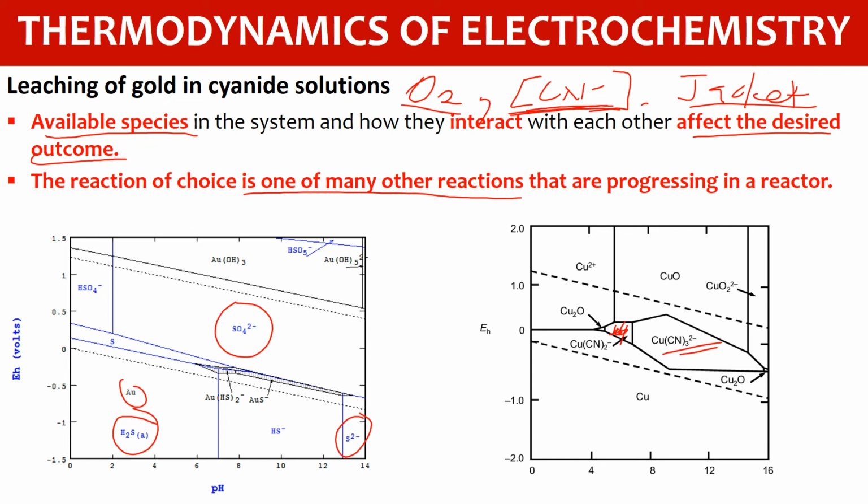Of course, you need to do this at a high concentration of cyanide, and as a rule of thumb, the concentration of your cyanide over the concentration of your copper must be greater than or equal to 4. That's the rule of thumb when you're dealing with this copper cyanide problem. You can do proper leaching of gold, even if copper is present in solution.